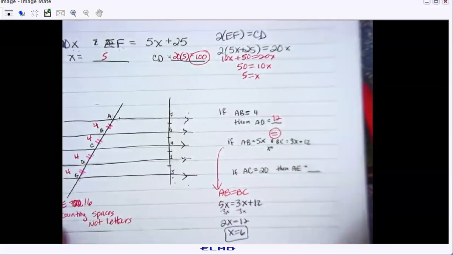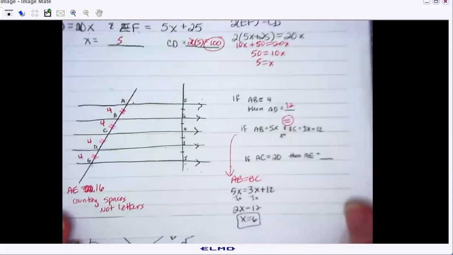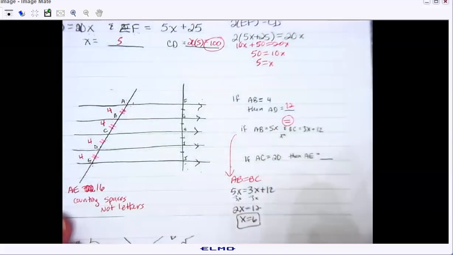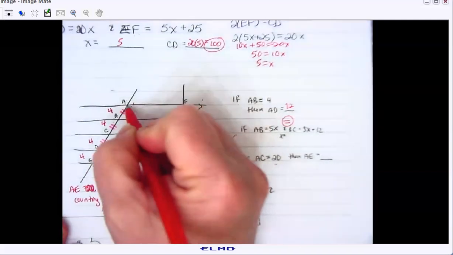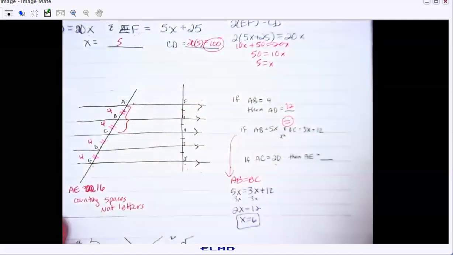Now, here's a problem that I'm going to have you work on and put the answer in the chat box. So let's label it. We know that AC is 20. So from A to C is 20.